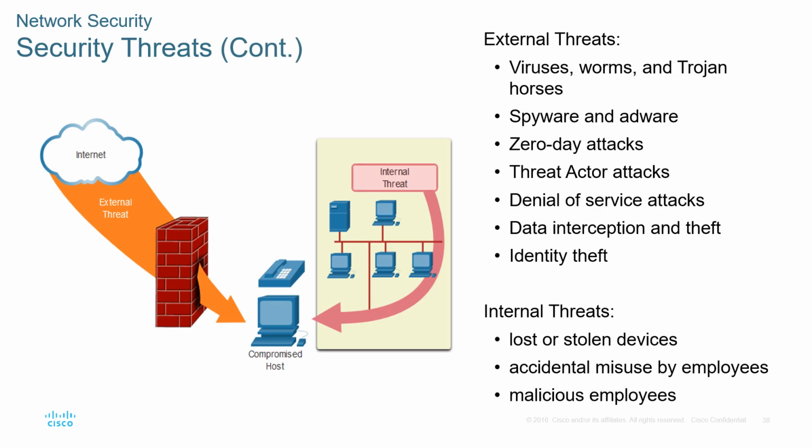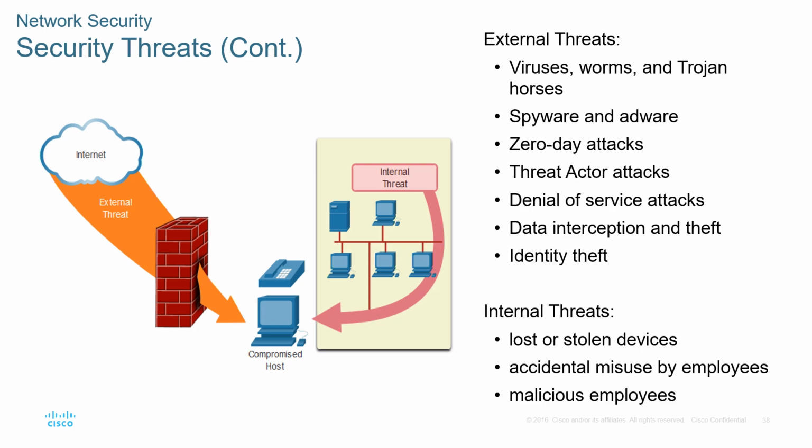Examples of external viruses are worm, Trojan horse, spy, and zero-day attack. And internal ones are like losing or storing the password, accidentally losing the hardware, the device, and everything. So this is security that helps you.